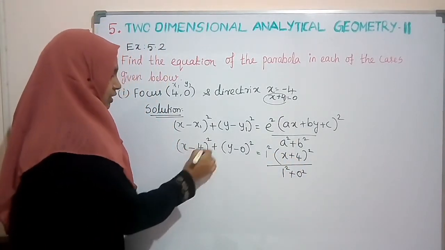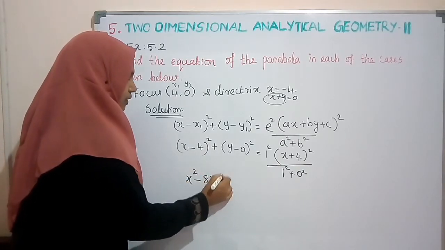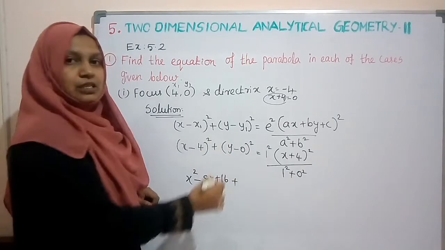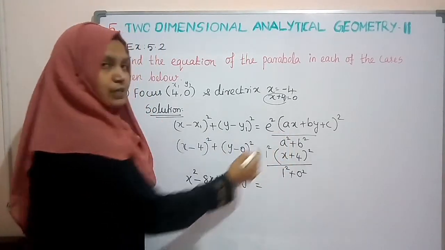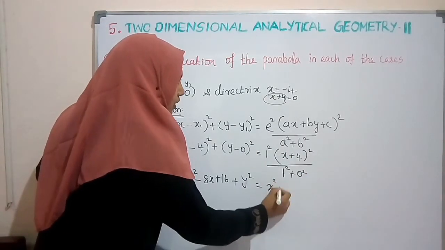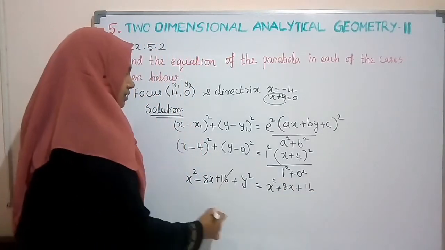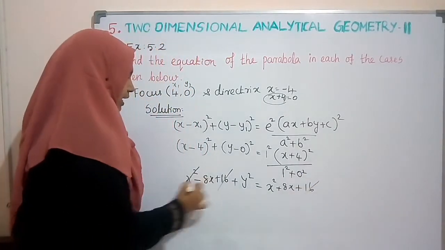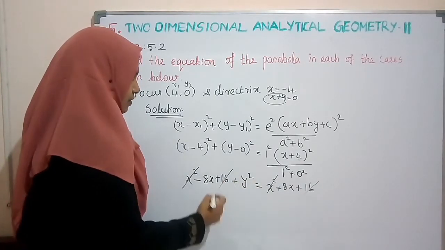It is x minus 4 the whole square is x square minus 8x plus 16. y minus 0 the whole square is y square, which is equal to, here x plus 4 the whole square becomes a plus b the whole square formula, x square plus 8x plus 16. So that the 16 gets cancelled, x square also gets cancelled, and collect the remaining terms to one side.